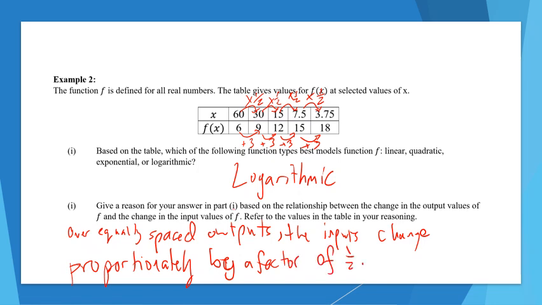And so that would be a perfect explanation. You talk about how the inputs change, which is proportionately. You talk about how the outputs are equally spaced, and you even give the factor that the inputs are changing.